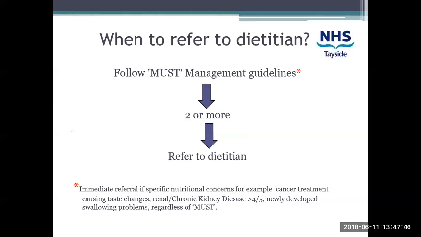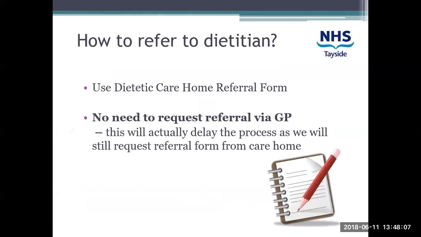So immediate referral is for specific nutritional concerns, so cancer treatment causing taste changes, any sort of renal problems, swallow problems, any sort of newly diagnosed inflammatory bowel disease, coeliac, which we've discussed already. So these are regardless of MUST. So that could be an indication for a dietetic referral as well.